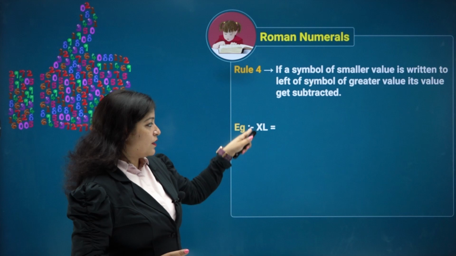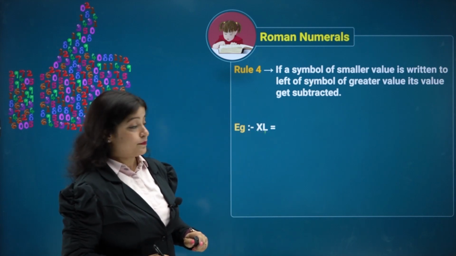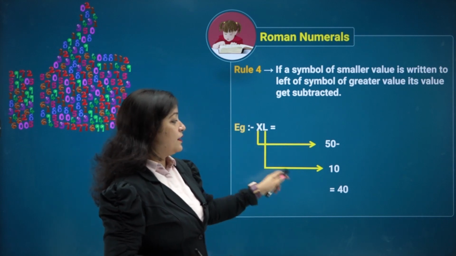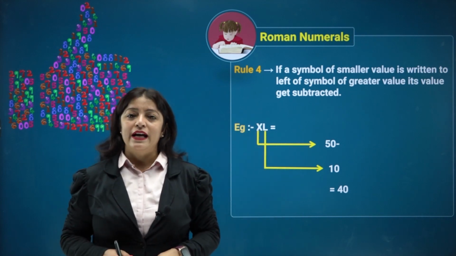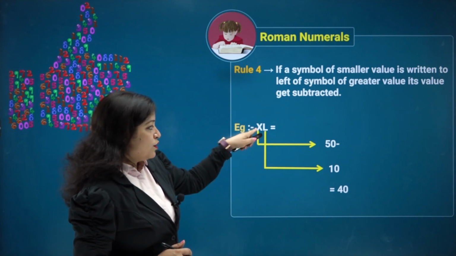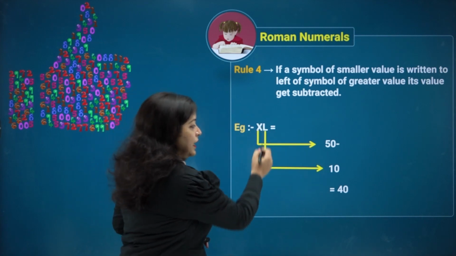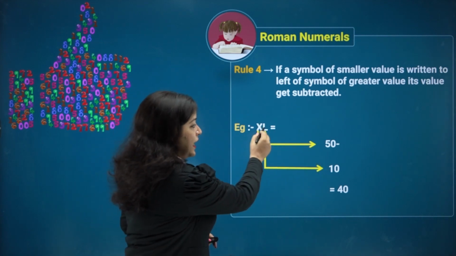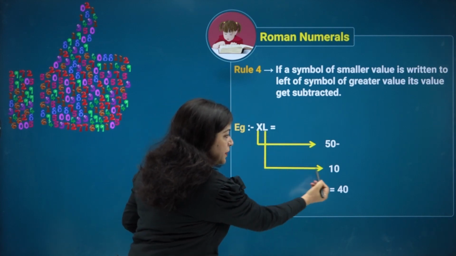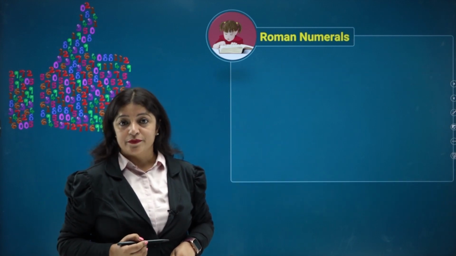Whenever it is written before, it means you are subtracting this 10 from 50. So we'll do 50 minus 10 in this case, and the result you will get is 40. Now here is L written as 10? No. Actually L is 50 and you are subtracting from this 50 the number 10. So you get the overall result as 40.